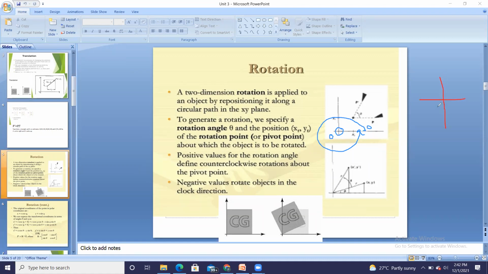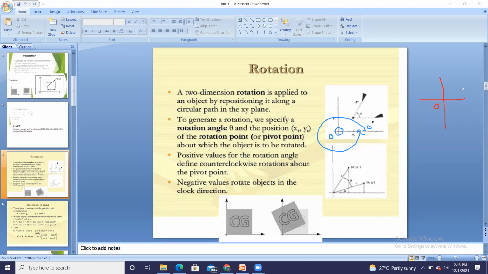What I have just said is that your object will rotate by keeping the origin as the center. So the object will move along this path, like our moon is moving around the earth. The earth is considered the center and around that the moon is revolving.